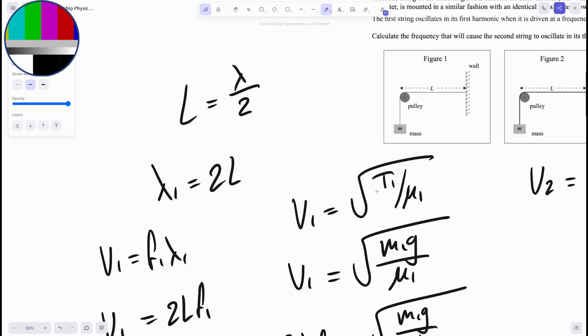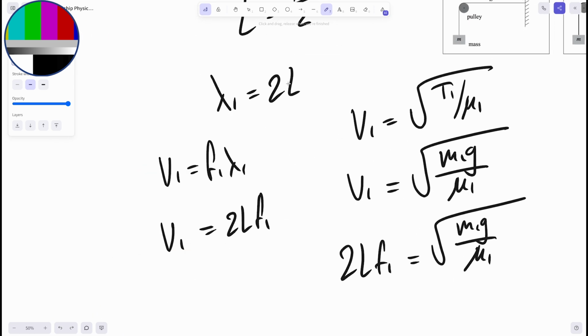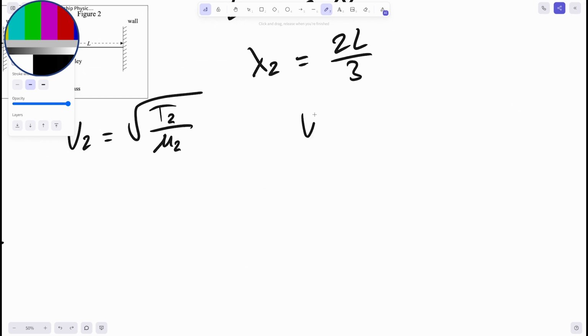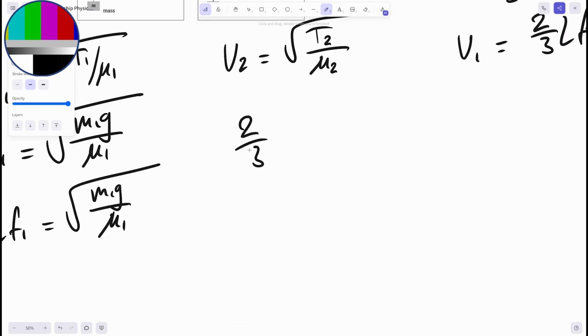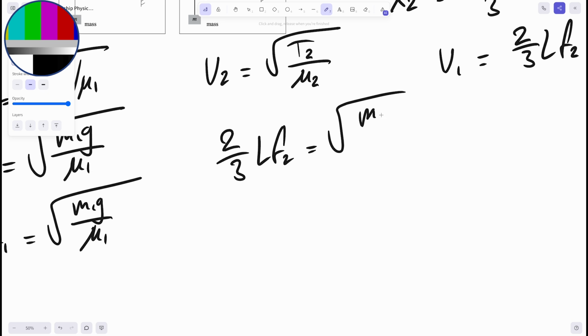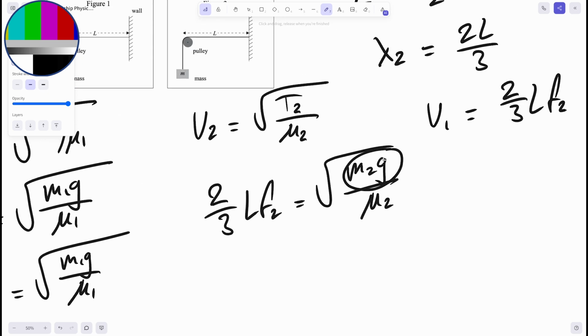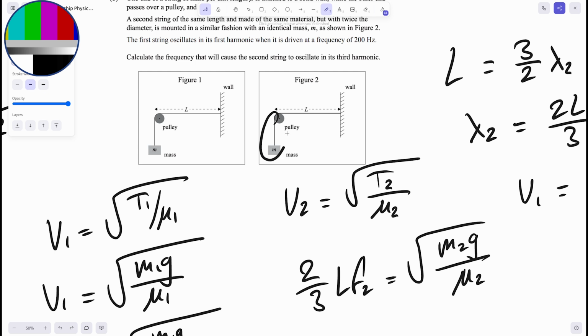Using the same process over here, V2 is equal to 2 over 3 L f2. Therefore, 2 over 3 L f2 is equal to the square root of m2g over mu2. Now again, m2g comes from the fact that the tension force is produced by the weight force of the mass.